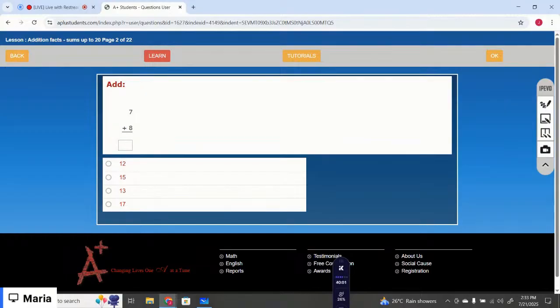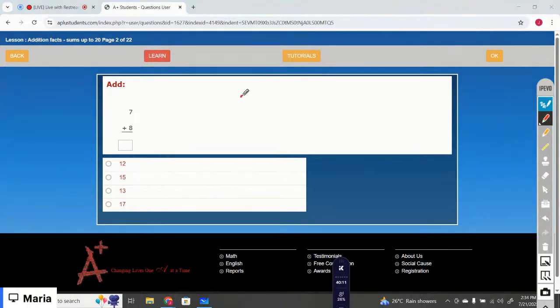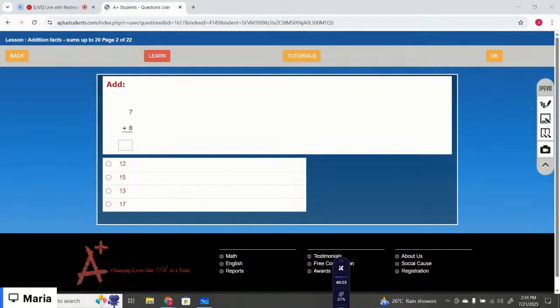Seven plus 8. Start with 7 and count up 8. So that is 7, 8, 9, 10, 11, 12, 13, 14, 15. So 7 plus 8 makes 15. Option number 2 is the correct option. And 15 it is.